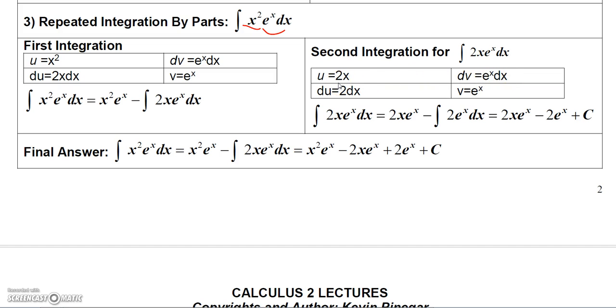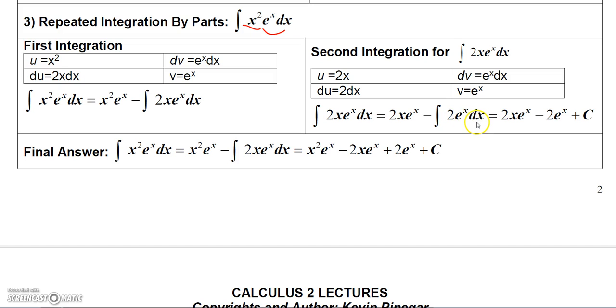Well, then when you differentiate this, you get du equals 2dx, and when you integrate here, you get v is e to the x. So now we can figure out what this integral equals. It's going to equal uv, which would be 2x times e to the x, minus the integral of v du, and v du would be e to the x times 2 dx, so you would get 2 e to the x dx.